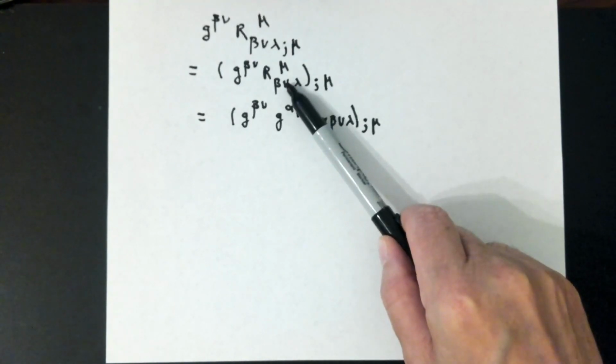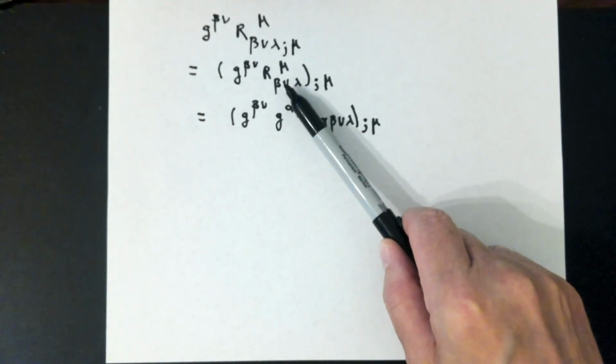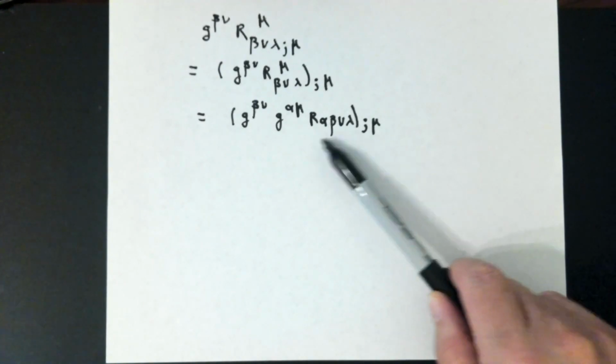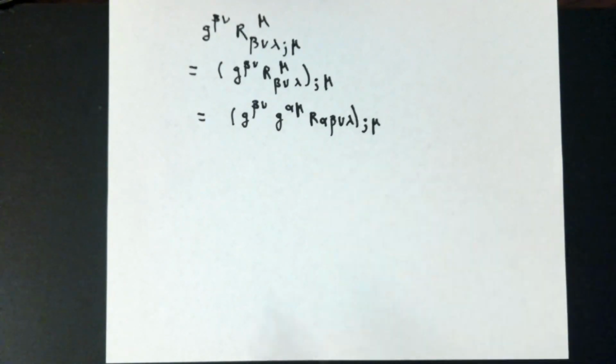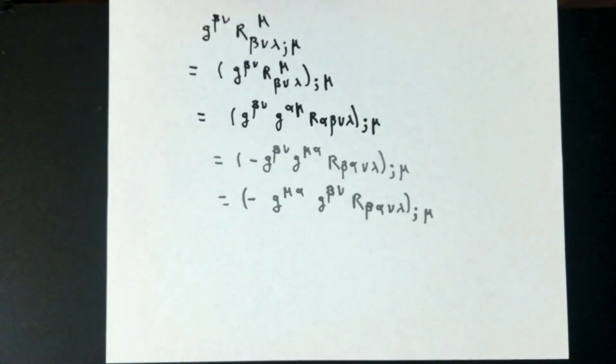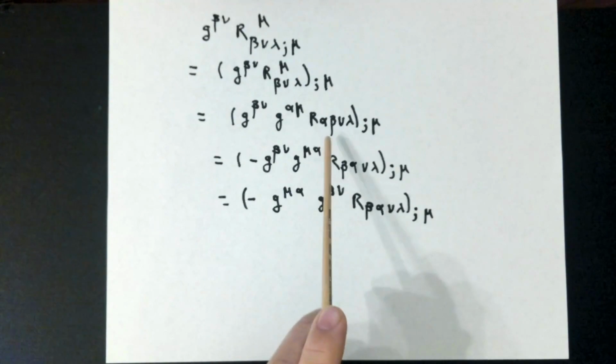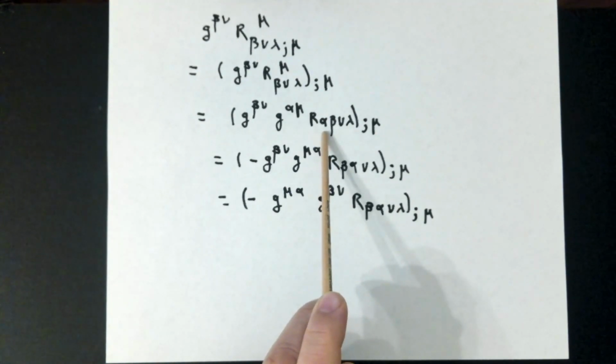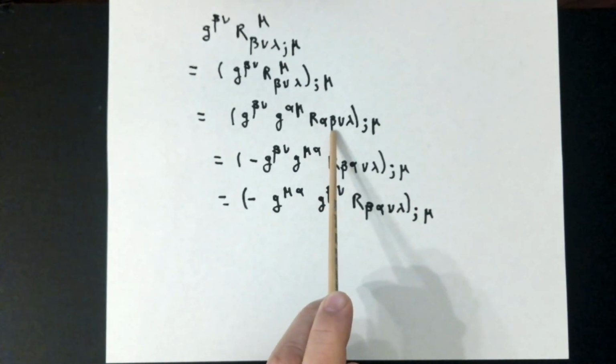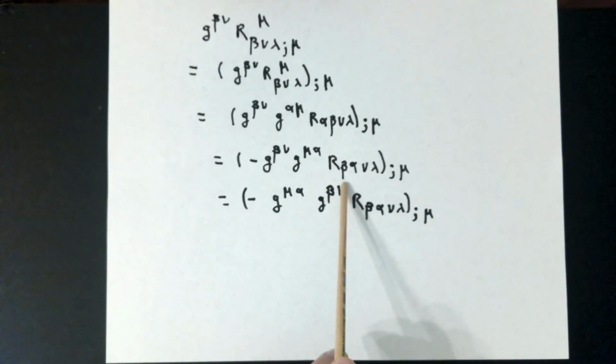To represent the components of the curvature tensor, we will express it in the lowered component version. The motivation for doing that is that the symmetries of the tensor are easier to deal with in the lowered form. For example, if I interchange indexes alpha and beta, what I get is the negative of R beta alpha nu lambda.